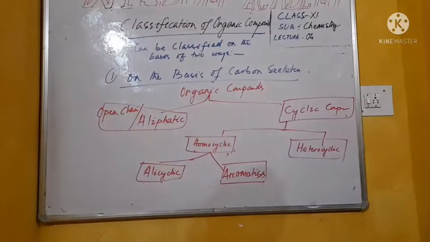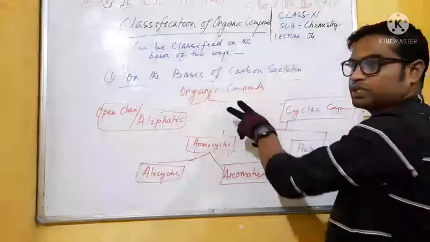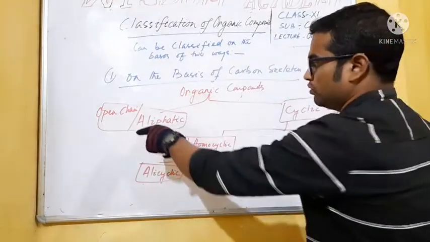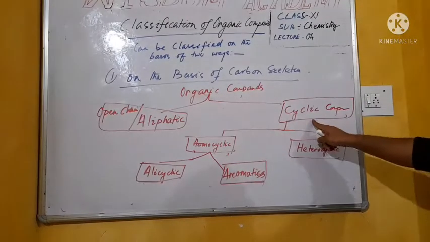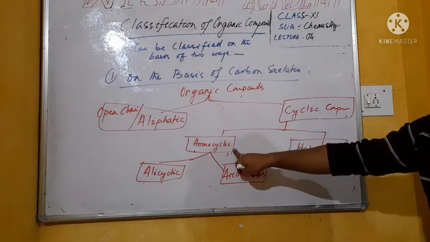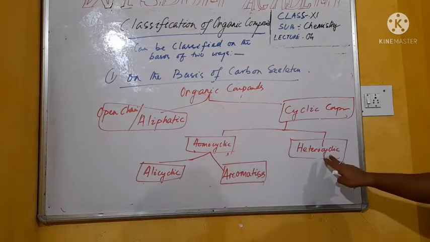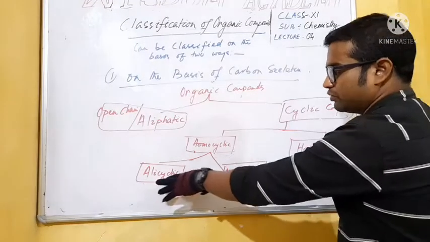Students, at first, on the basis of carbon skeleton, organic compounds are classified into two. First is aliphatic, second is cyclic compound. Further, cyclic compounds are classified into two types. First one is homocyclic and second one is heterocyclic. Again, homocyclic are classified into two.